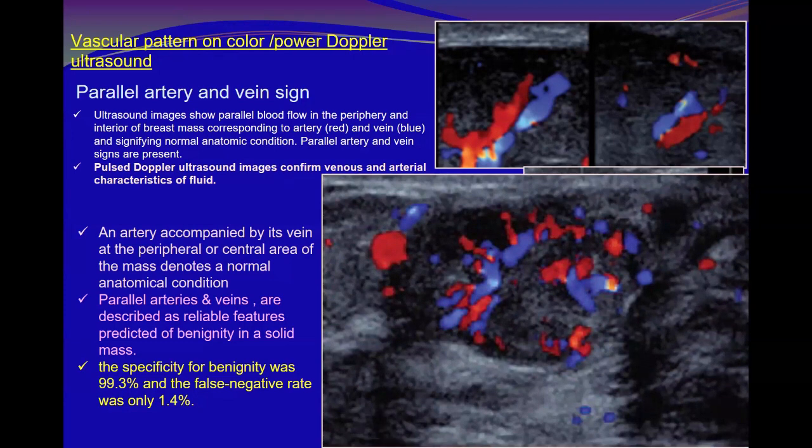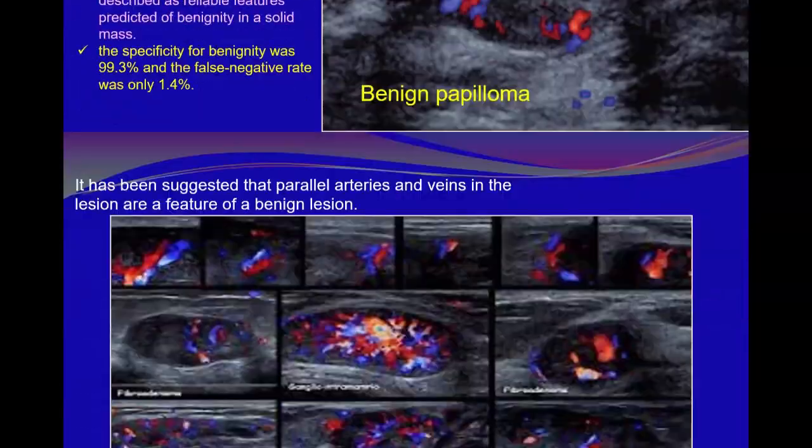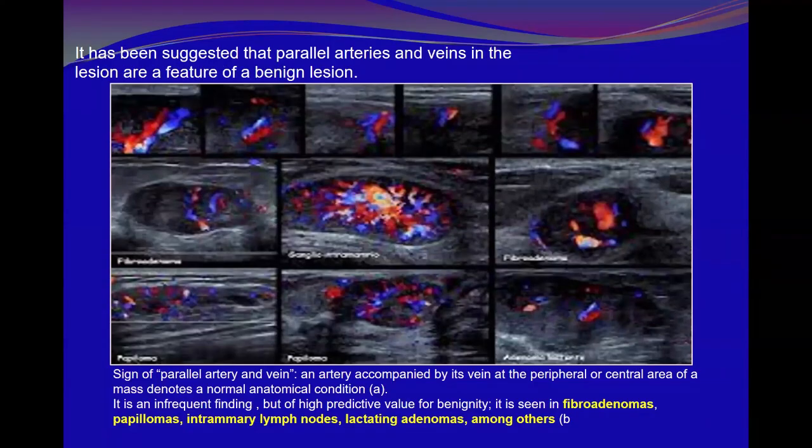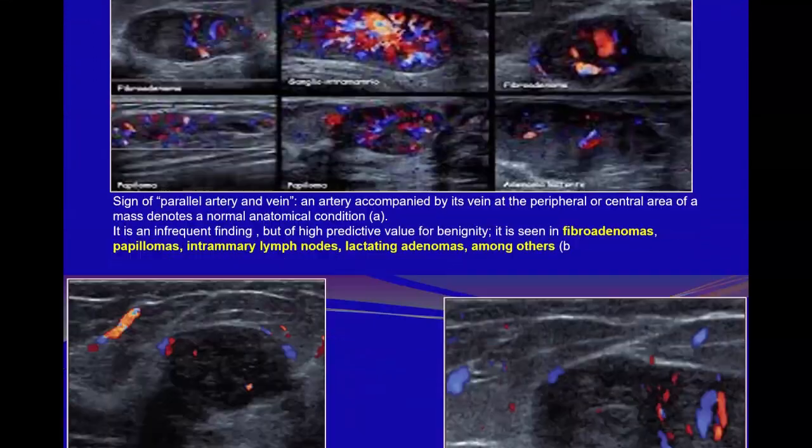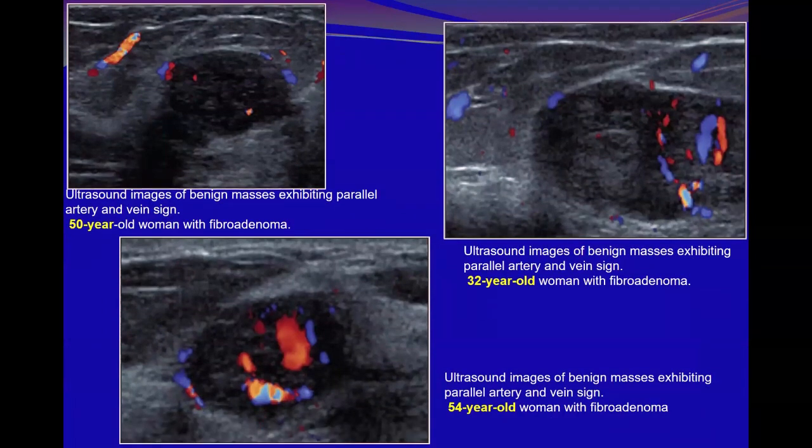These are examples of an extensive parallel artery vein sign in a benign papilloma. And here are multiple examples of parallel artery vein signs, which can be seen in fibroadenomas, papillomas, lactational adenomas, lymph nodes, and others, but these are the common examples. Here we can see three fibroadenomas with a parallel vessel sign.